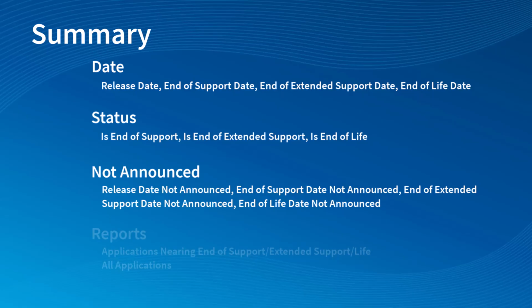Then we have reports. The nearing end of support, extended support, and life reports are great for gaining an understanding of what has occurred and what will occur based on the date value. The all application report can be customized to include all the available lifecycle values to give you full insight.